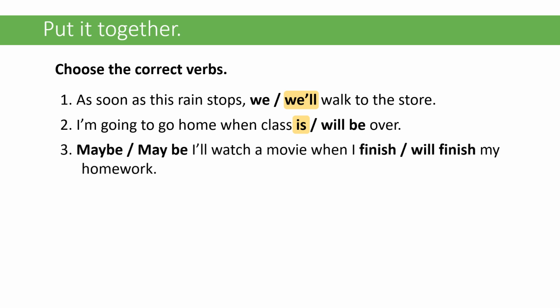Maybe, one word, or maybe, two words? I'll watch a movie when I finish or will finish my homework. In this one, remember when we have this at the beginning of the sentence, we're using the adverb maybe, one word, and then here we have a time clause, so we're using the simple present.